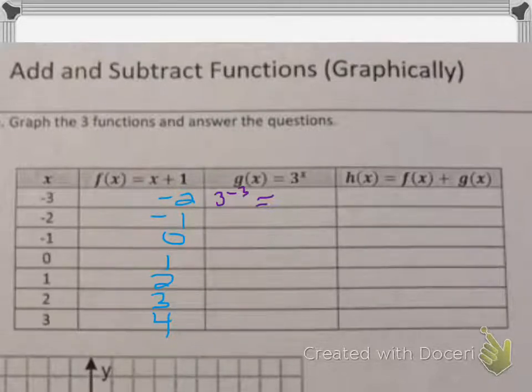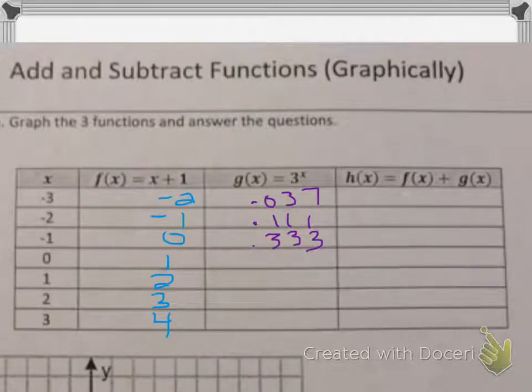So 0.037, and I'm just going to write it right here. Then we're going to do 3 to the -2 power, and that's going to be 0.111. 3 to the -1 power, that's 0.333.